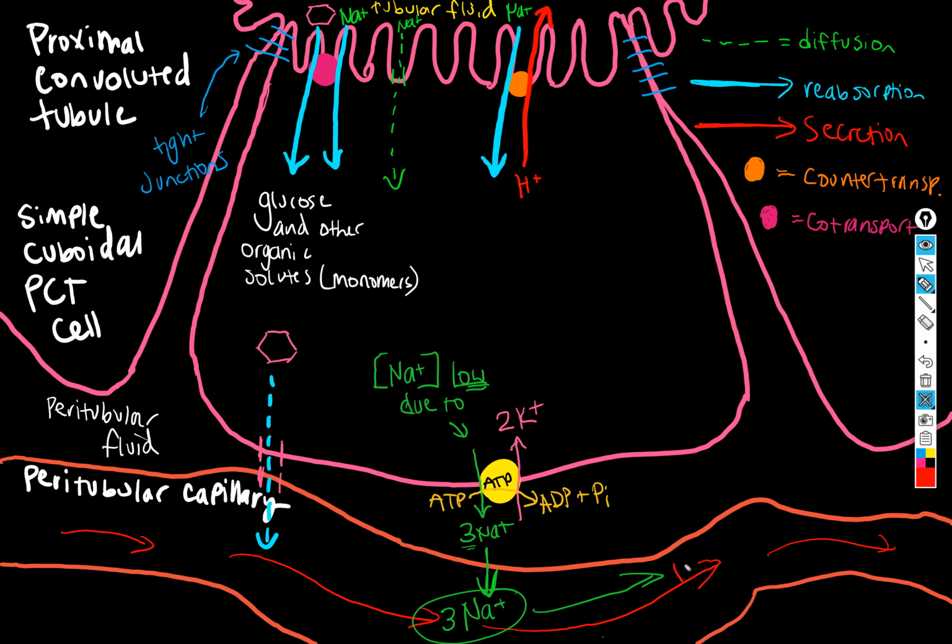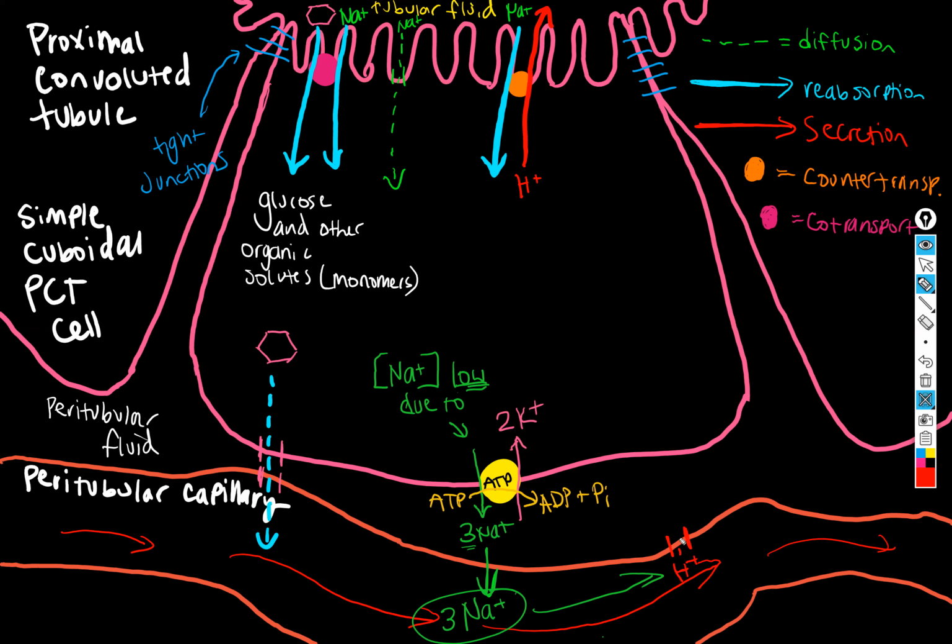So protons are consistently higher in the blood than they are in the peritubular fluid. And they're going to just pass through a little leak channel.